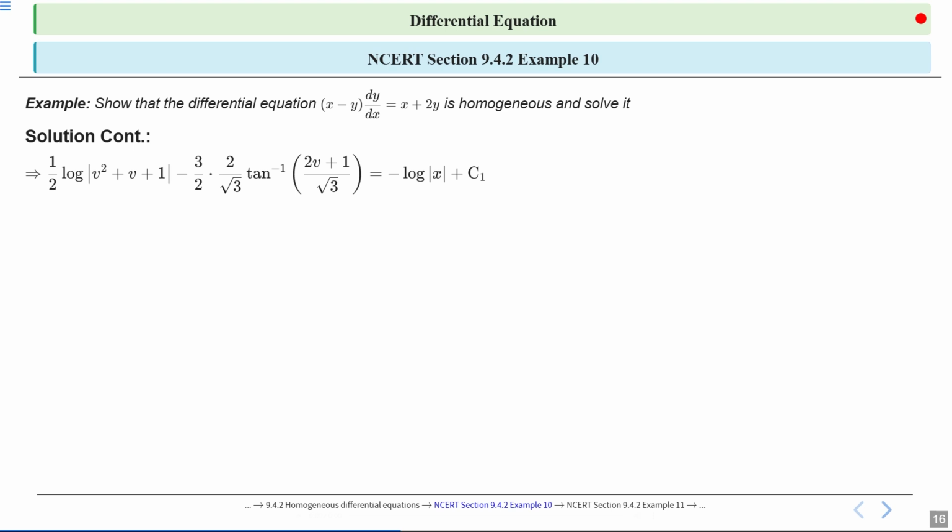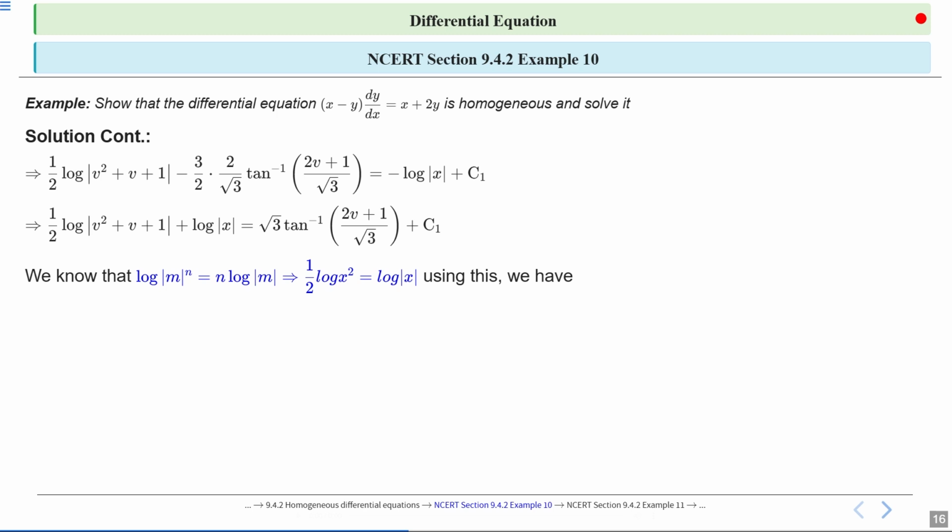So my integral becomes 1 by 2 log mod (v square plus v plus 1) minus 3 by 2 into 2 by root 3 tan inverse (2v plus 1) by root 3 is equal to minus log mod x plus c1. When we simplify it, we get 1 by 2 log (v square plus v plus 1) plus log x, taking minus log x to the right hand side, is equal to root 3 tan inverse (2v plus 1) by root 3 plus c1.